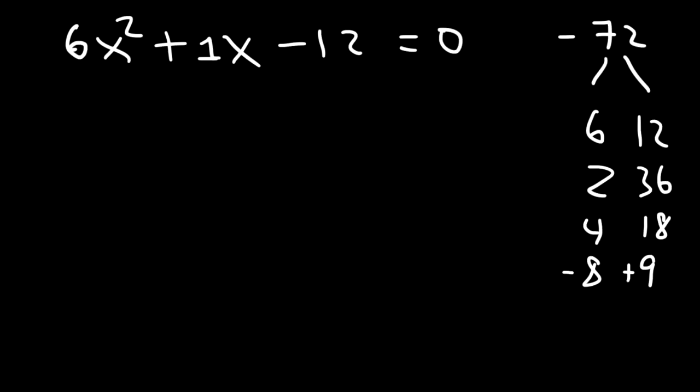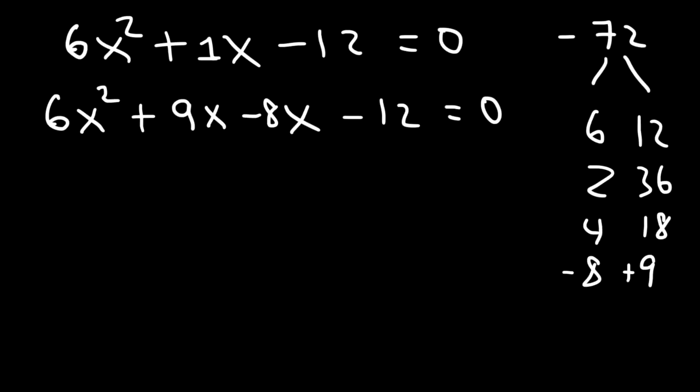Now this time we're going to do something different. What we're going to do is we are going to replace the 1x with 9x and negative 8x, because 9x minus 8x is still 1x, and so the value of the expression remains the same.